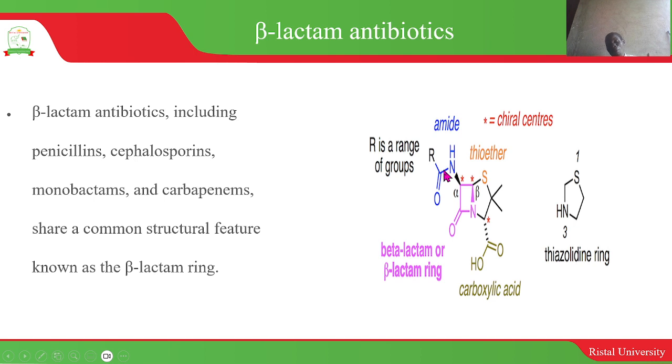Okay, we can reflect back to our organic chemistry or biochemistry. So we have an amide group that is an R group, which is common to all these penicillin derivatives.